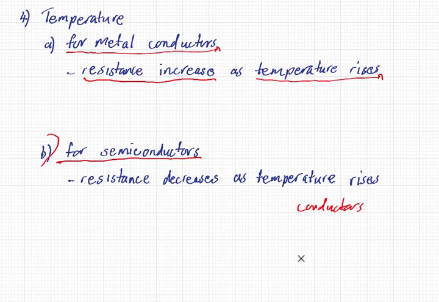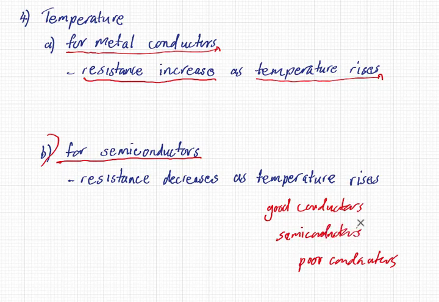We have poor conductors, which we call insulators. So in between here we have what we call semiconductors. So they are in between.